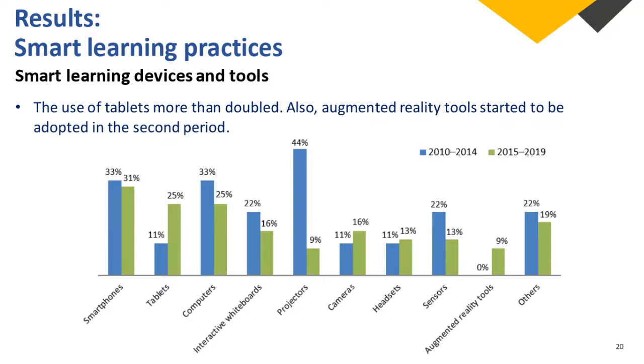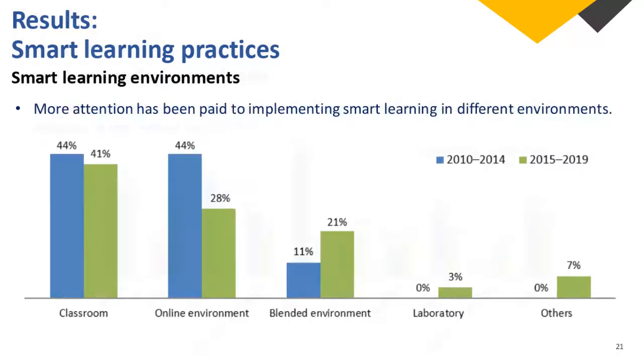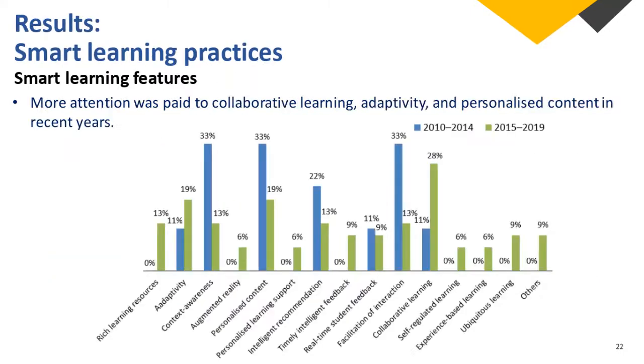Another notable feature is AR. As for the environment, you can see that in the second period, it is also much more diverse. They tend to be interested in other areas, especially blended environment rather than just classroom and online environment.